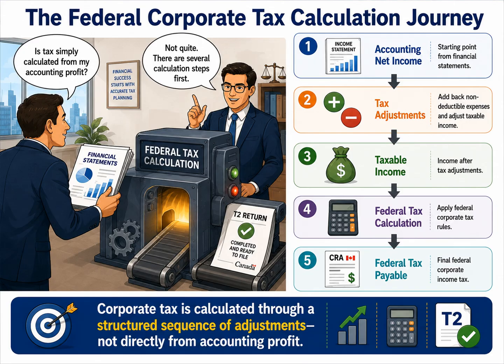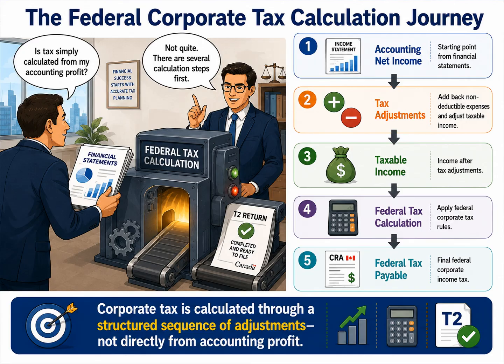After all required adjustments have been made, the result is the corporation's taxable income. This is the amount on which federal corporate income tax is calculated. In other words, taxable income, not accounting profit, is the basis for determining the corporation's federal tax liability.